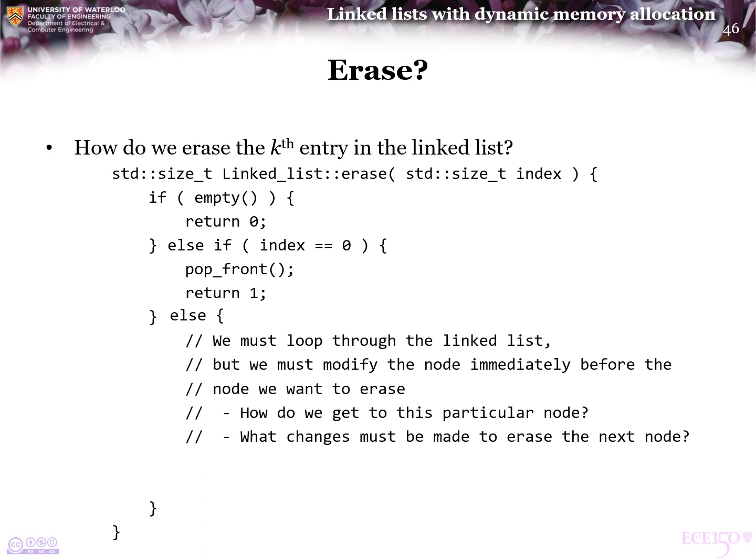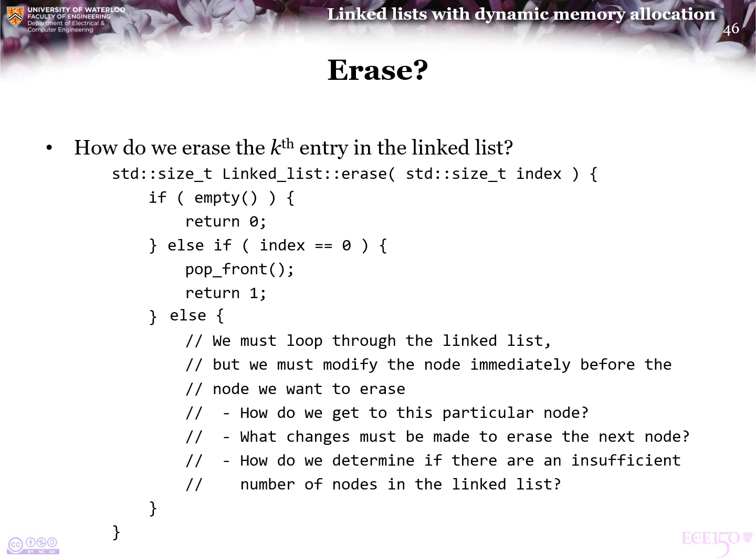What changes must be made to erase the next node in the linked list? And again, how do we determine if there is a sufficient number of nodes in the linked list to delete the kth node? If not, if there are insufficient, we should be returning 0. If there are sufficient, we should erase that node and return 1.